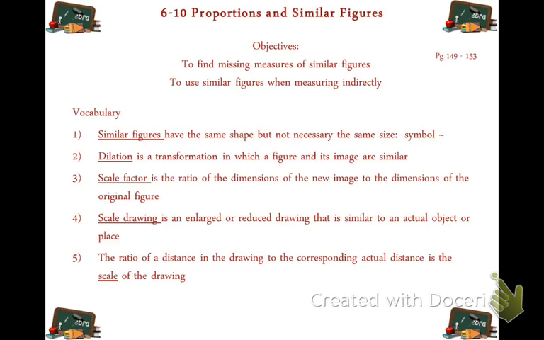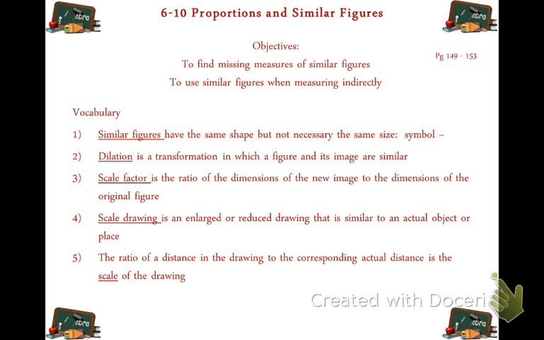So similar figures have the same shape, but not necessarily the same size. The triangles will have the same shape of a triangle. The triangle might be twice as big or 1/3 as big as the others, but it will have the same angle degrees.